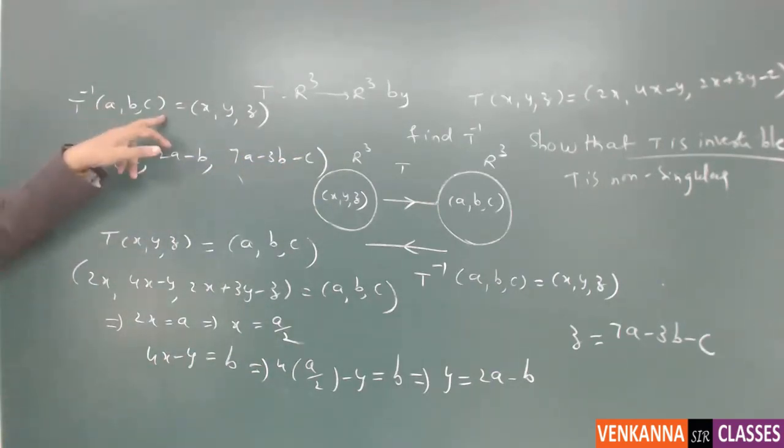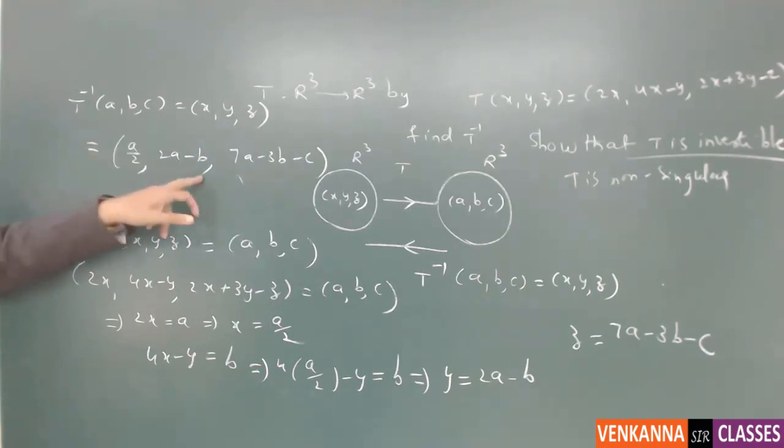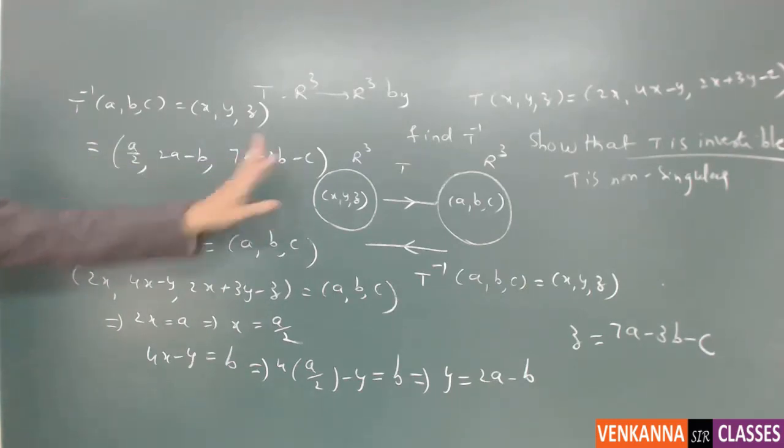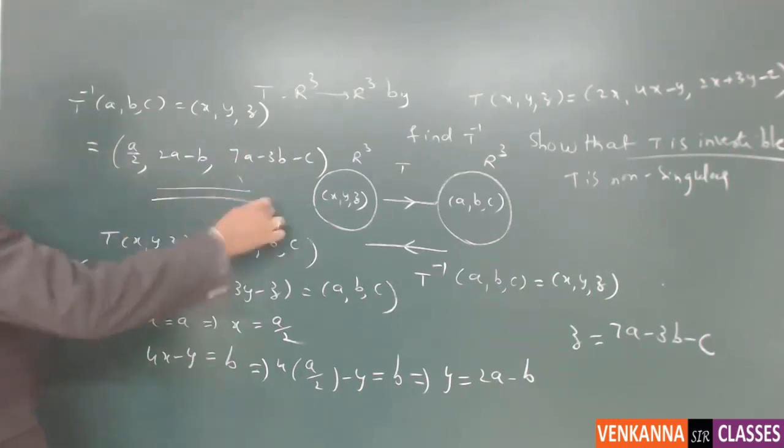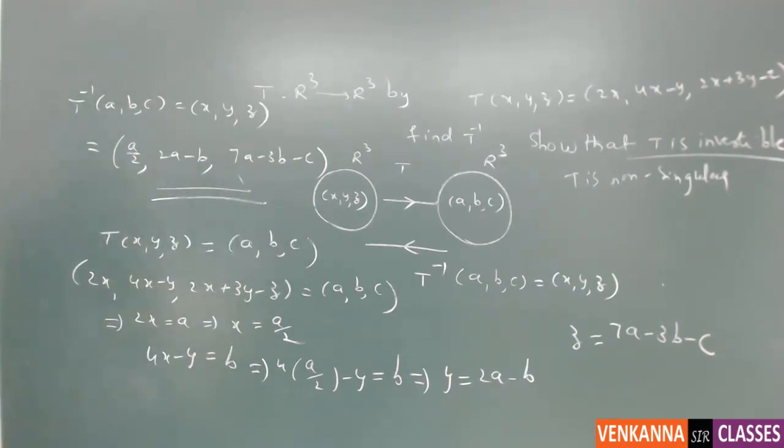T inverse of (a, b, c) is equal to (a by 2, 2a minus b, 7a minus 3b minus c). So in this way we calculate the inverse function. Please tell if you have any doubts. Clear to you all?